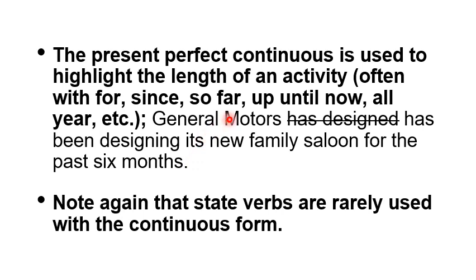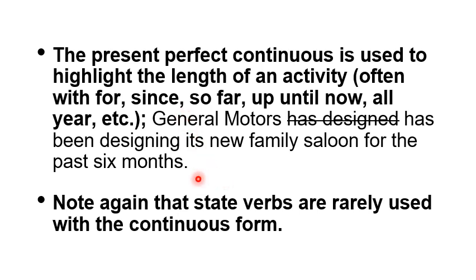We also use the present perfect continuous with for, since, so far, up until now, all year, etc. A lot of words can be used that refer to the continuation of the event.